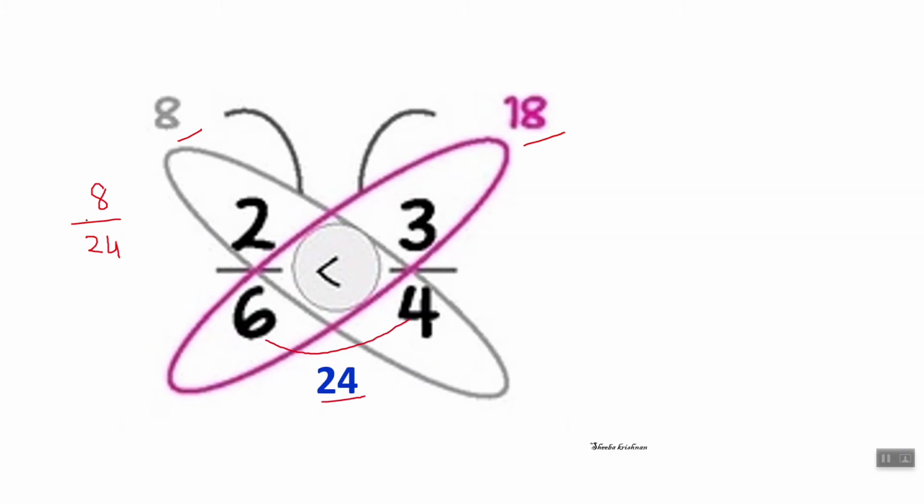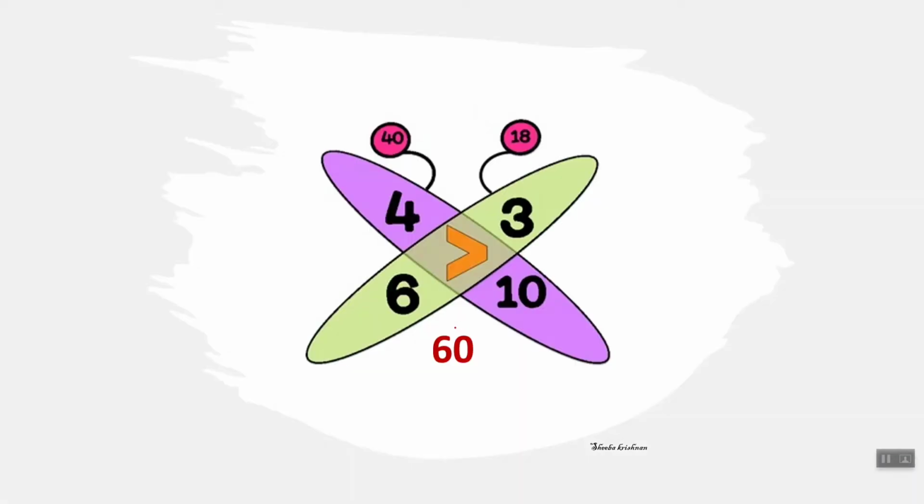So here we got 8 by 24 and here we got 18 by 24. When we compare 8 and 18, 8 is smaller than 18. So 2 by 6 is smaller than 3 by 4.